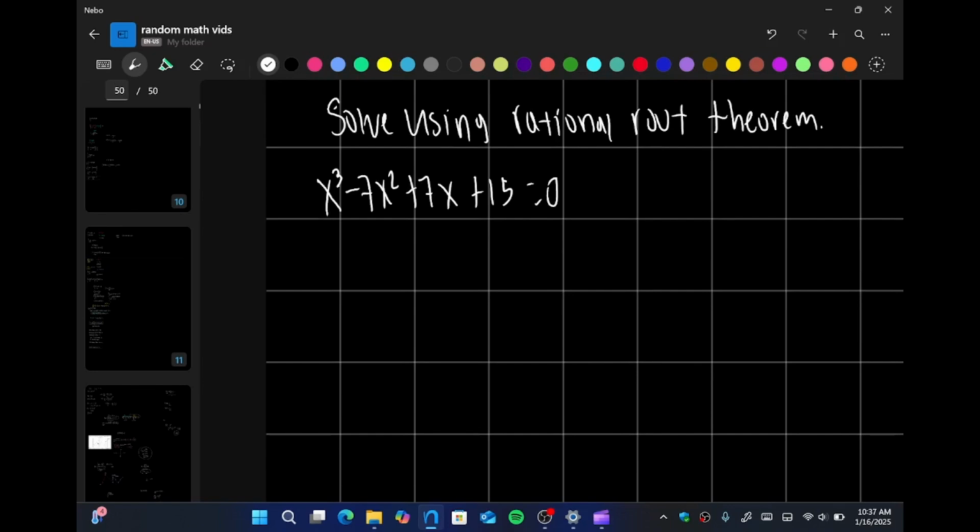So the first thing we're going to do is state the possible roots.